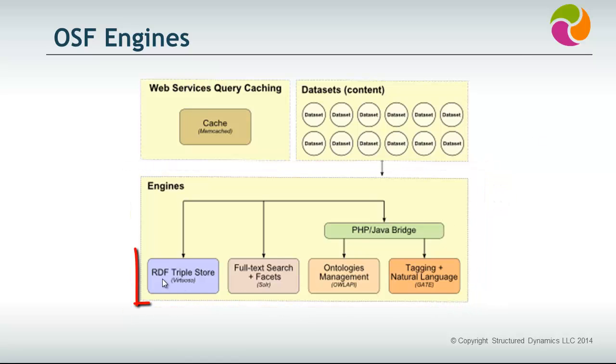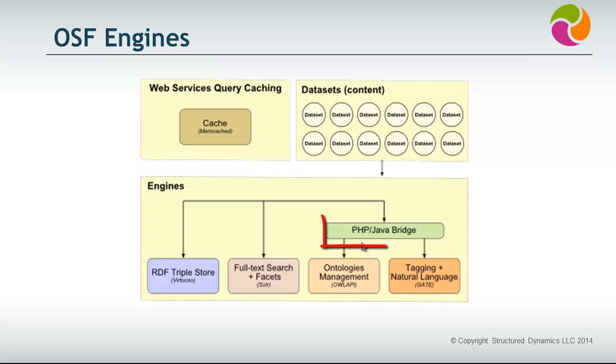What that combines at present is an RDF triple store in Virtuoso, a full-text search and faceting piece from Solr, the ability to manage ontologies and do interesting slices and dices of them using the OWL API. And then, in order to bring unstructured data into the system, the General Architecture for Text Engineering, GATE, for use of tagging and natural language applications.